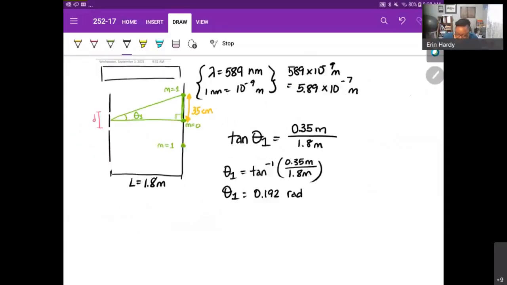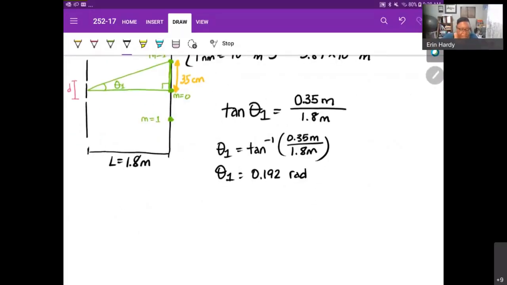I'll rewrite them here since you can't see both of my screens at the same time. We have theta sub m is equal to m times lambda over d, and we've got y sub m is equal to m times lambda times L over d.